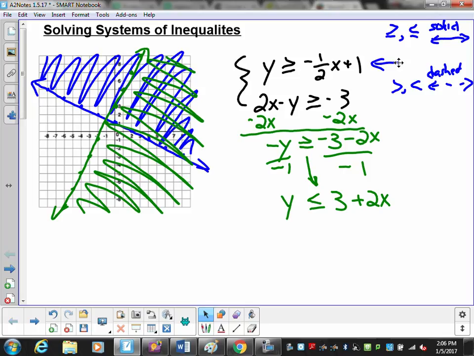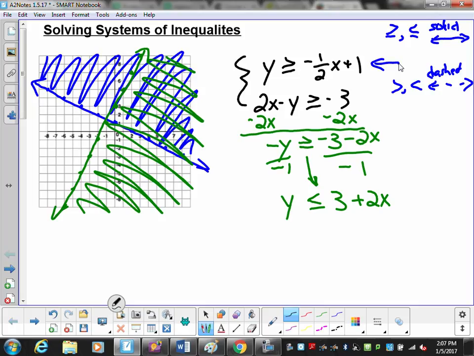And yesterday, one of the final questions we always ask is, what is the solution? And when you have a system of equations, the solution is a point. And it's a numerical value. The problem with solving a system of inequalities is your solution is an area. Okay? And the area is the part that's shaded in both. If it's true for both of them, then it's true for the solution of the system.